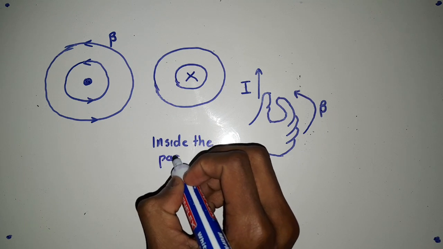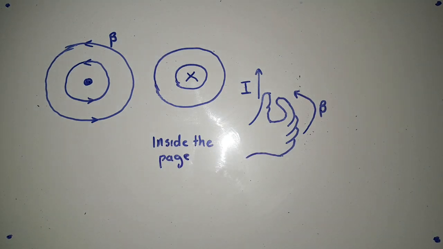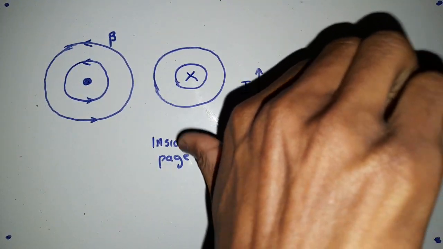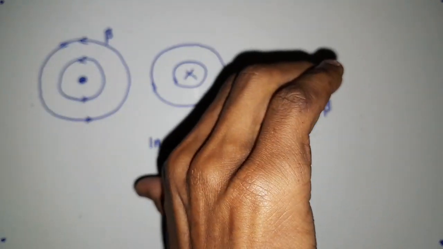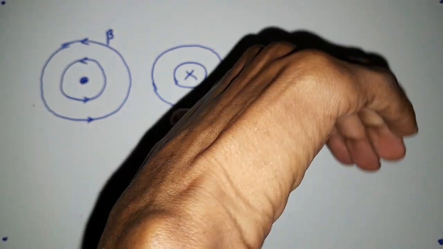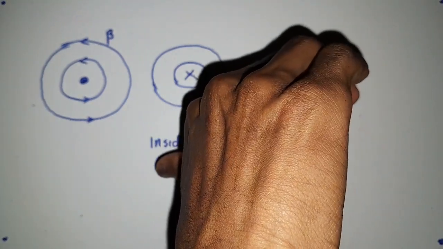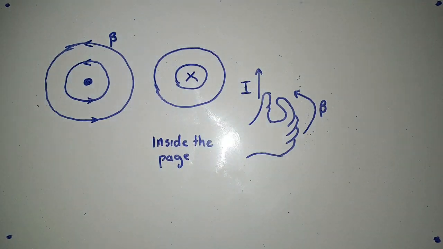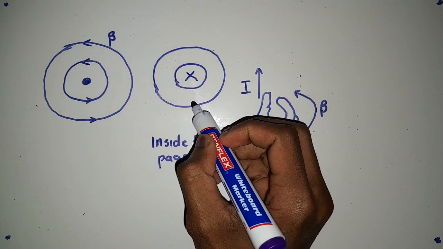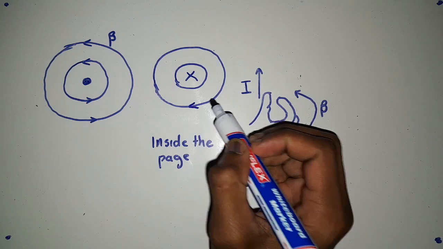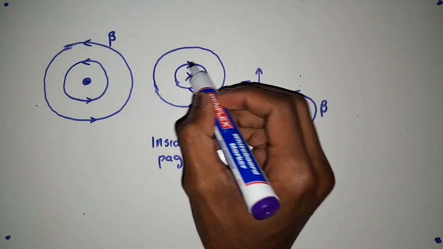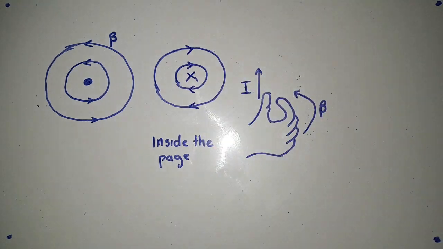My thumb is going to face like this, then the curled fingers are going to be clockwise, so the direction of the magnetic field is going to be clockwise like this.